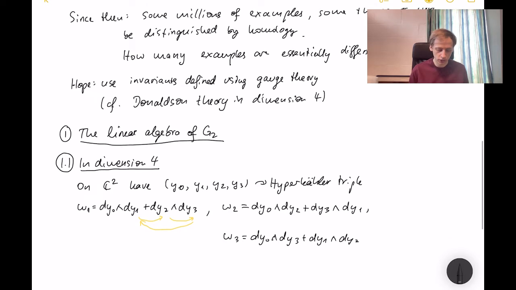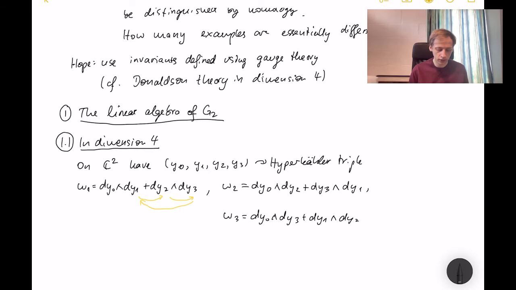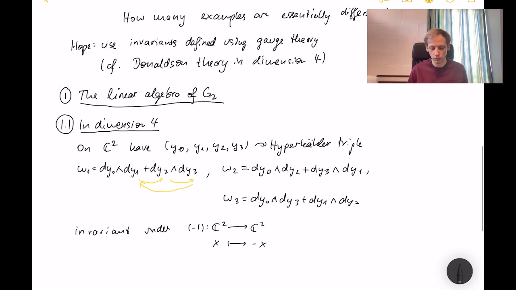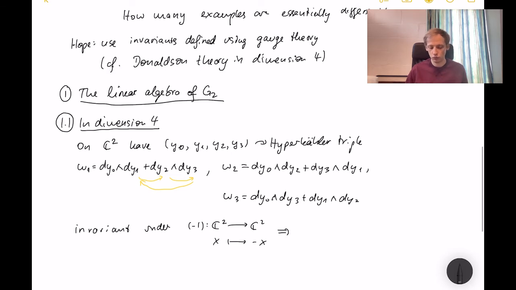And one immediately observes that they are invariant under the map -1 on C2. So I just literally mean the map which sends x to minus x. And because of that, if you want, you can view omega 1, omega 2, omega 3 as 2-forms on the orbifold C2 mod plus minus 1.